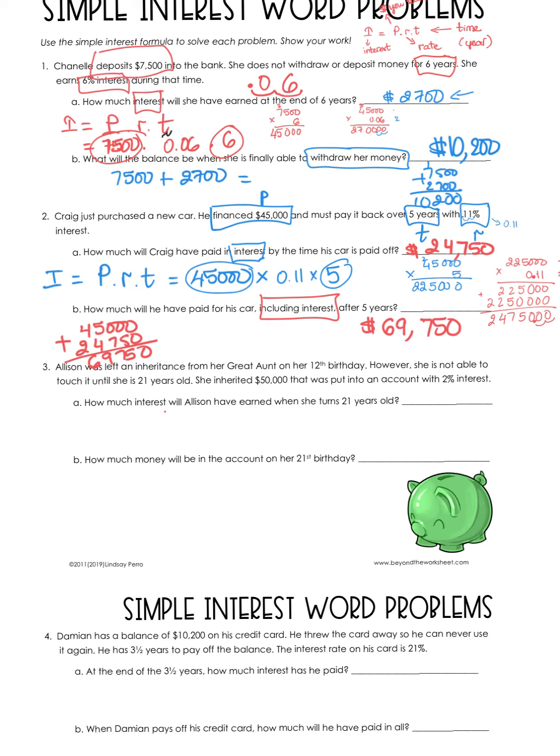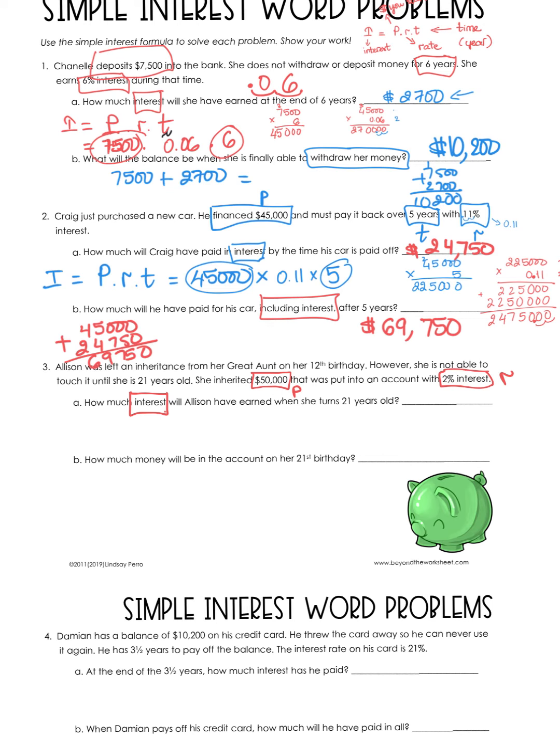Okay, let's see how much she earned in interest. So you are given 50,000 for the principal, and then 2% for interest. That's the rate. Now, time.